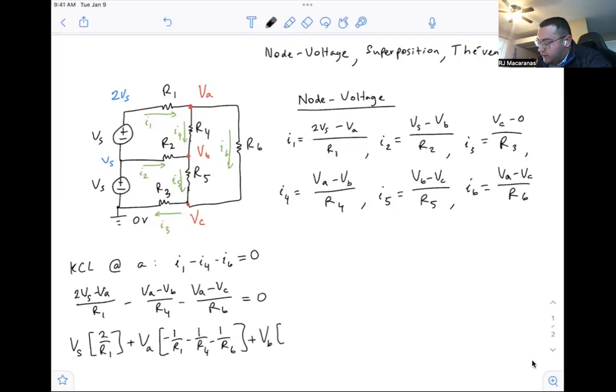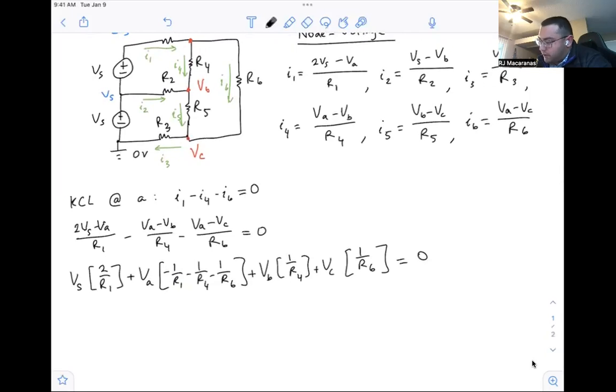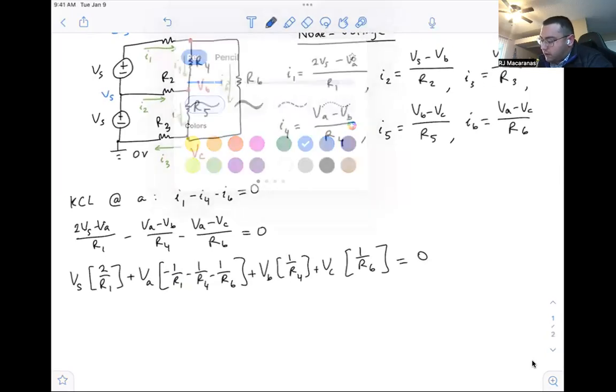So we've got +1 by R4. And we collect our VC terms, and we have +1 by R6. And that all will equal 0. So this is our first equation here. Put that in a blue box.